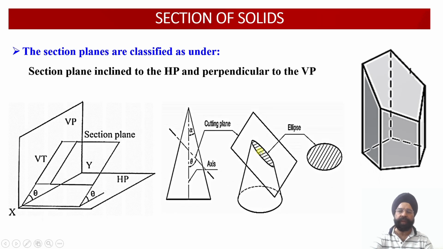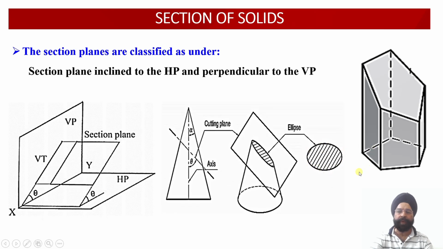We will be able to obtain the true shape of this section when we draw an auxiliary inclined plane parallel to the cutting plane, and the projections on this plane, which will be called auxiliary plane projections, will provide us the true shape of this cut section.